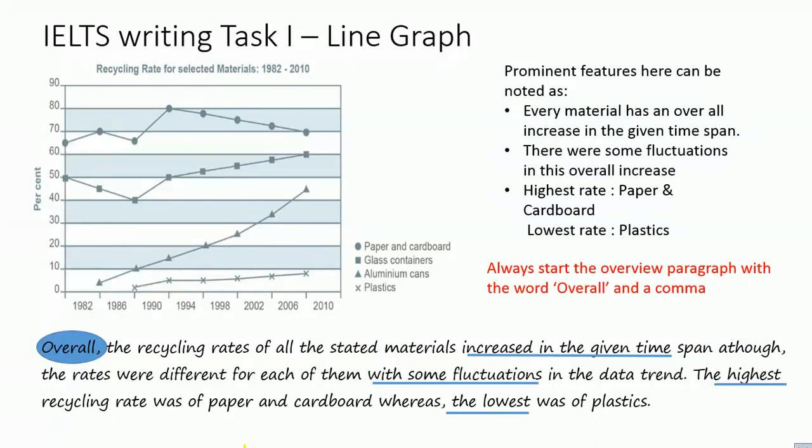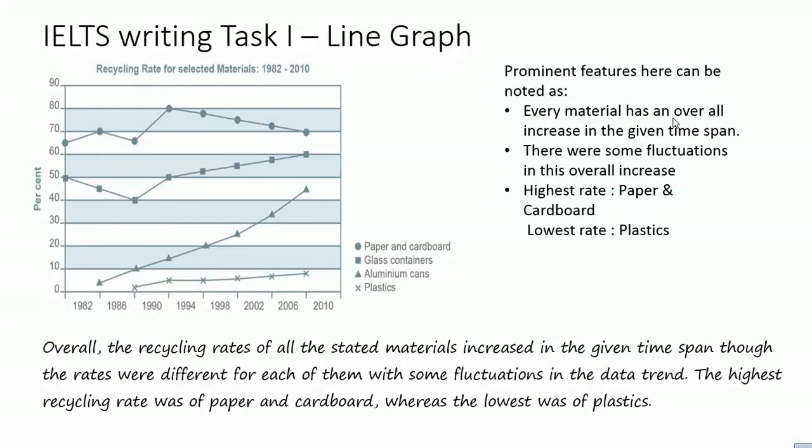The highest recycling rate was of paper and cardboard, whereas the lowest was of plastics. Now, a general observation can be made that I am writing the information in past tense because it is 2021 today, and I am summarizing some information which lies in the time span of 1982 and 2010.